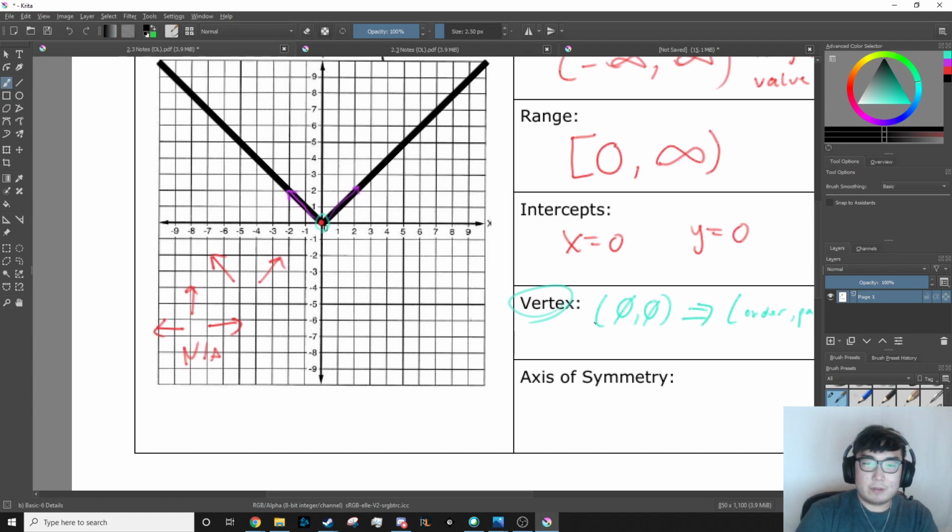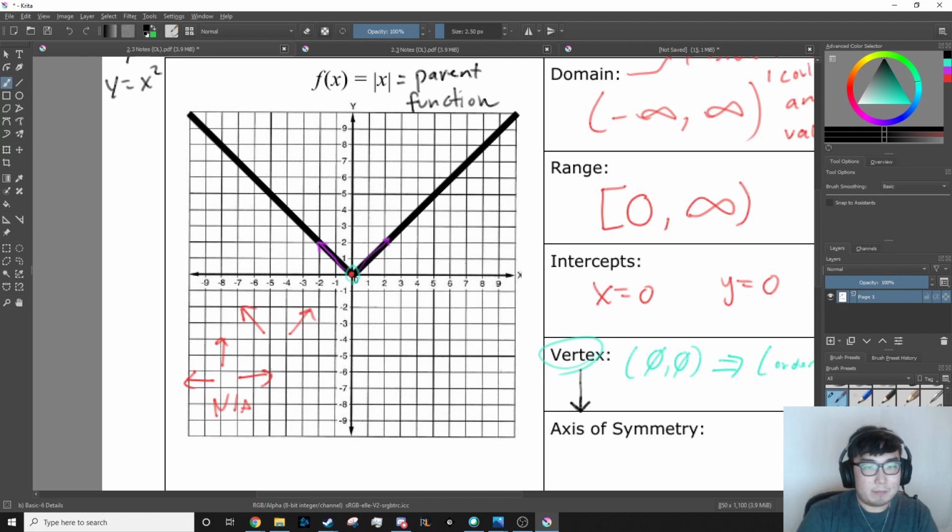So know that your vertex is very similar to your axis of symmetry. Because your axis of symmetry, if we're talking about this point being like the split between the left side and the right side, doesn't that mean that my axis of symmetry is going to include my vertex? Like here?